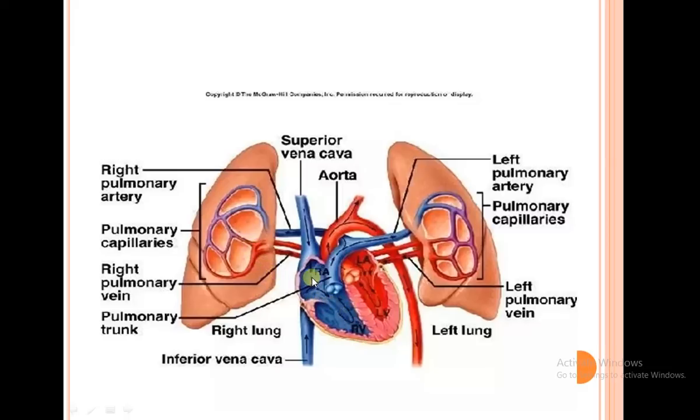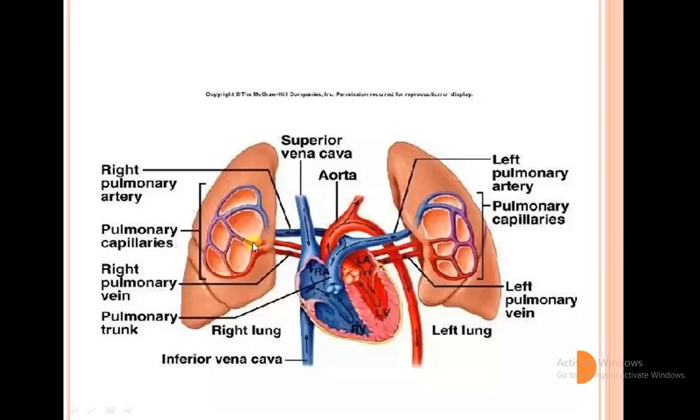So you can see this is the right atrium, receiving the deoxygenated blood from the entire body through the superior and inferior vena cava. The right atrium opens up into the right ventricle, and from the right ventricle arises the pulmonary trunk, which is going to divide into the two pulmonary arteries, left and right, which will enter into their respective lung.